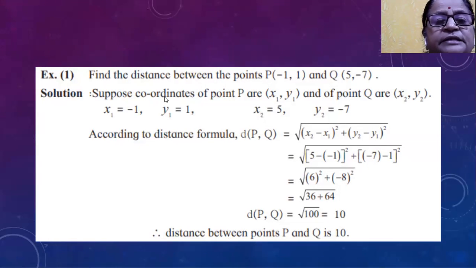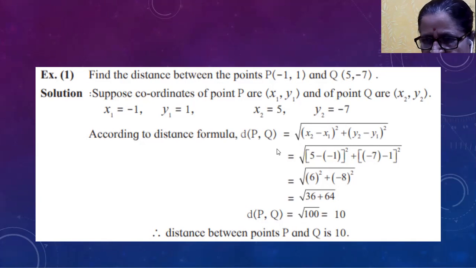Next, here one example is given. Find the distance between points P and Q. P's coordinates are -1 and 1, and Q's coordinates are 5 and -7. So the solution is x1 is equal to -1, y1 is equal to 1, x2 is equal to 5, and y2 is equal to -7.